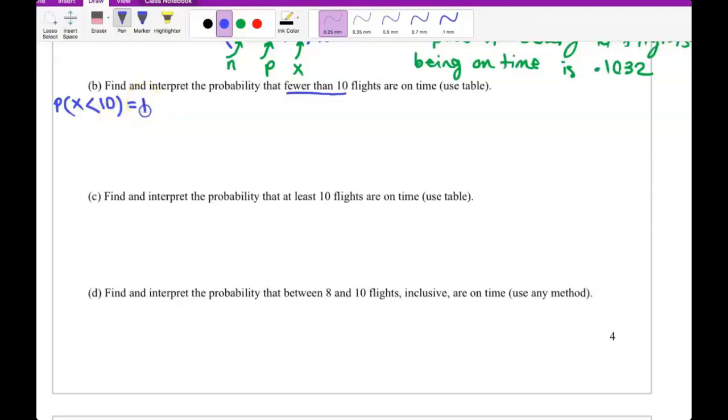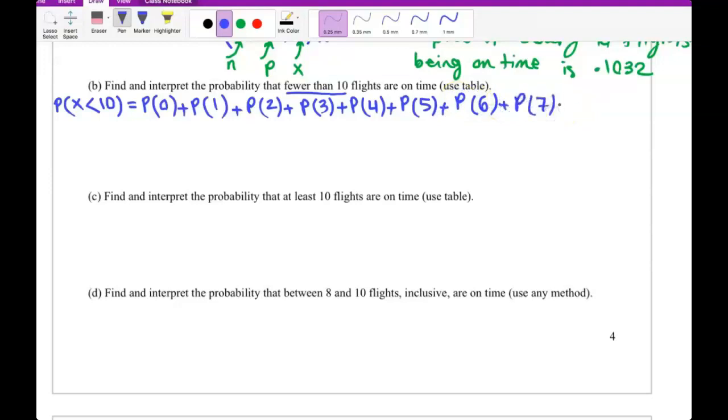We can have 0 flights, one flight, and so on, 6 flights, 7, 8, and 9. Okay, so we have all these.